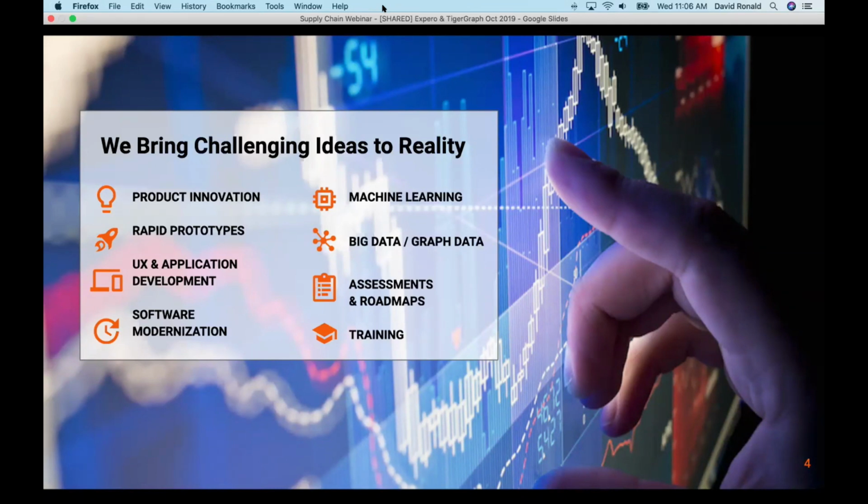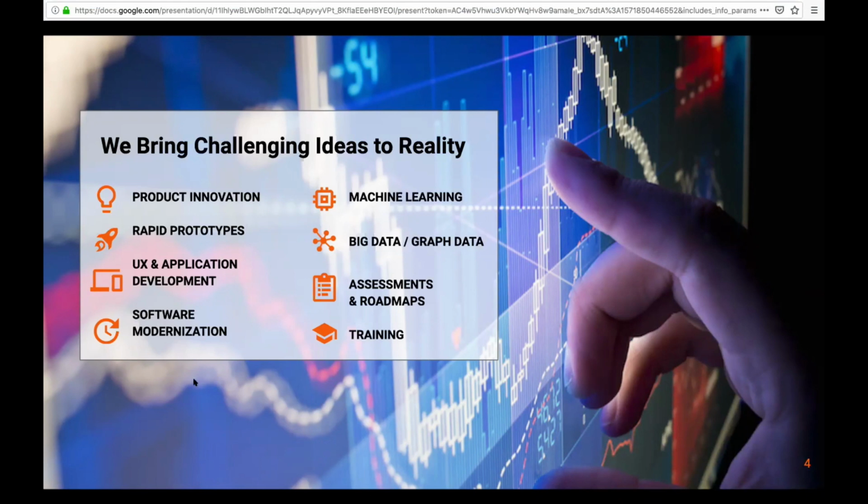And so we're very often combining complex problems with very large data sets and graph databases and machine learning with an interaction layer that makes sense out of that complexity and allows users to interact with it. So that's a bit about where we come from.